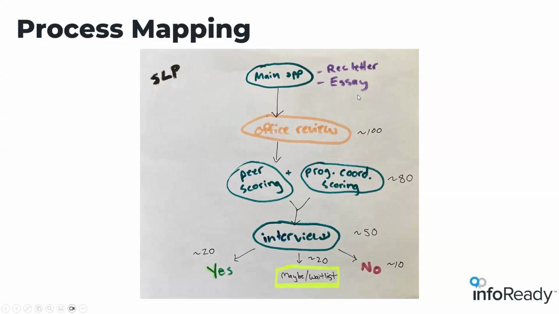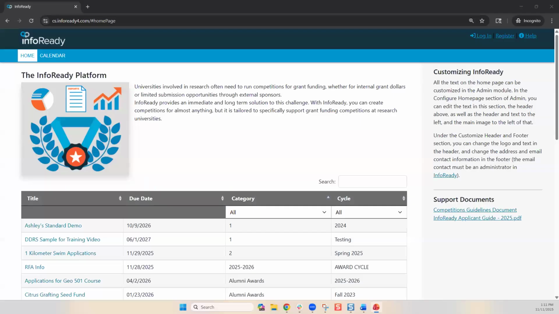So, all right. With that, then let's kind of get into what InfoReady actually looks like. So again, what we're going to talk about is those different pieces of your current process or program, and where those items will then fit in the platform. So what I'm showing on my screen now is just a sample InfoReady site, and I am not even logged in yet.